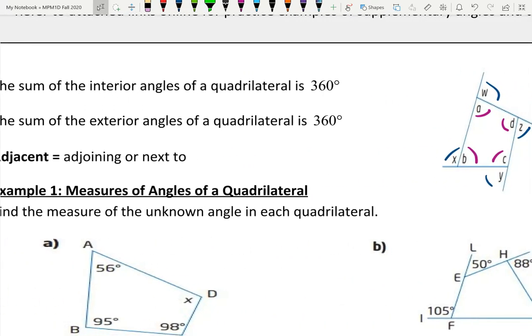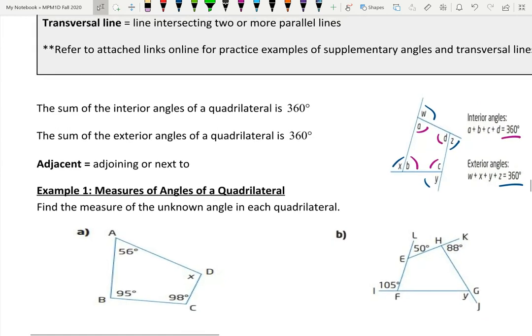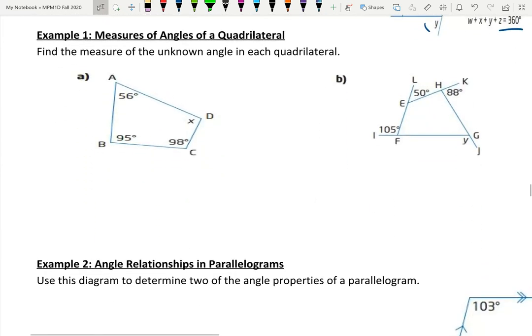Let's find the measure of the unknown angle in each quadrilateral. Here we're finding an interior angle. Remember that the sum of interior angles of a quadrilateral is equal to 360 degrees. So that means that 56 plus 95 plus 98 plus X is equal to 360.